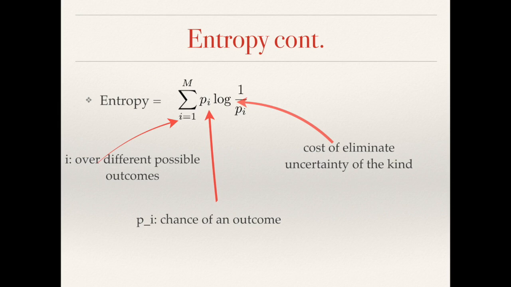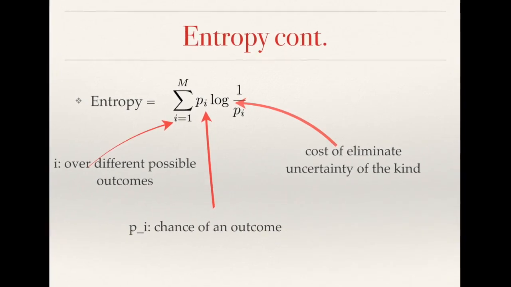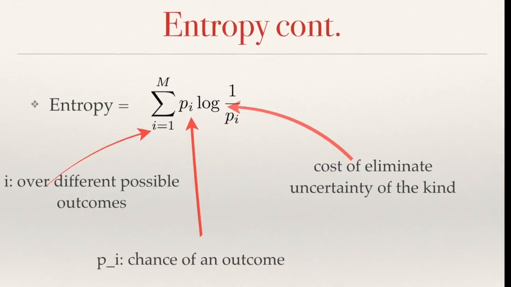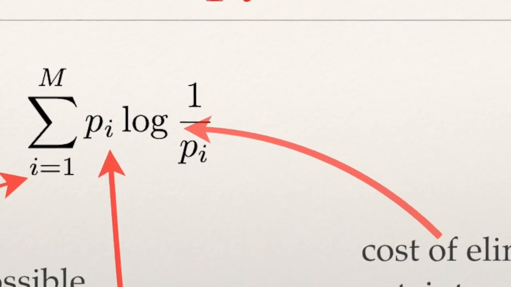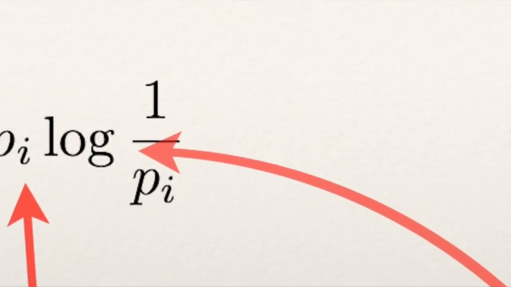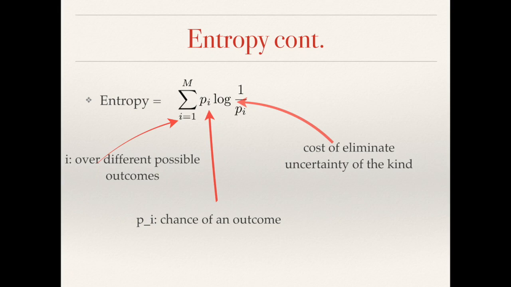The third part, the log inverse probability, seems to be most complicated. Now we start understanding the equation from this term, the inverse probability's logarithm.